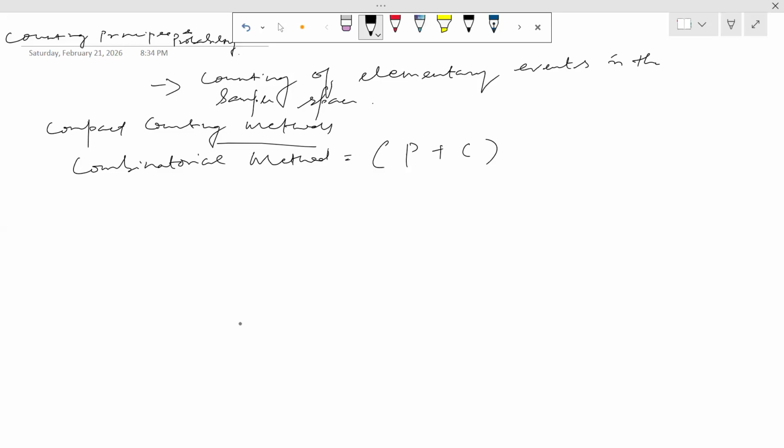Is it clear, Madhusuda? Yes, sir. Sir, you said it is difficult to follow the counting principle, so there is another method known as combinatorial method, the combination of both permutation and combination. Because each time you cannot count all the individual events, na? Are you getting? Yes, sir.